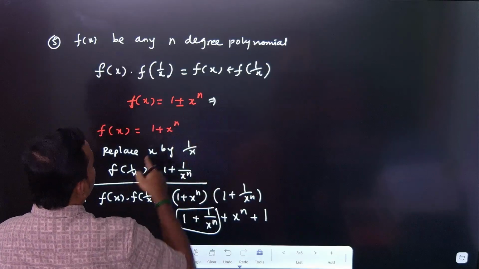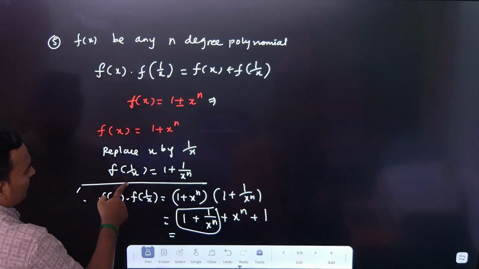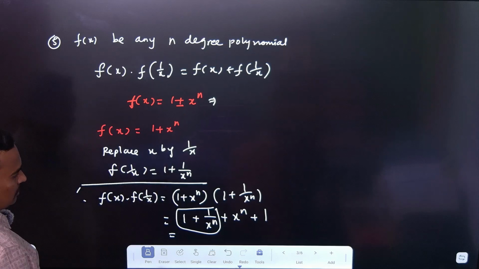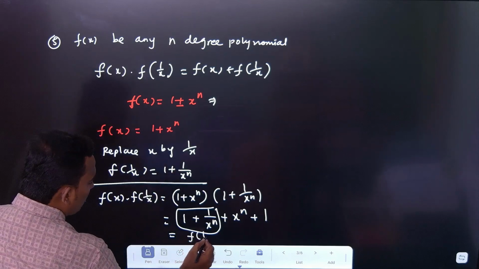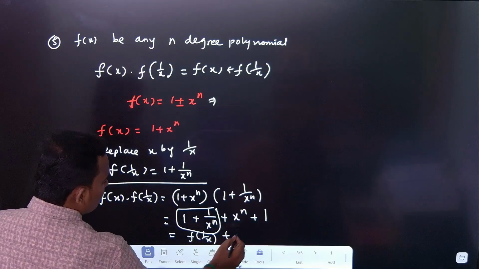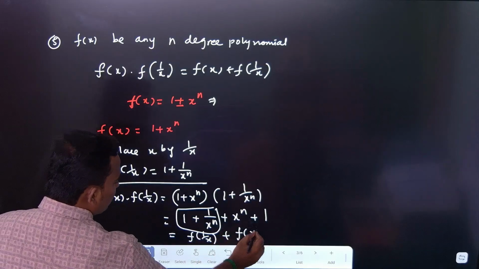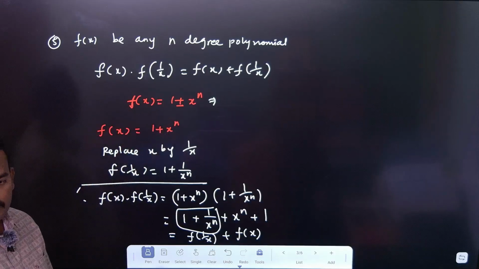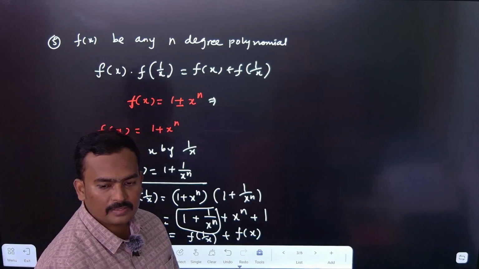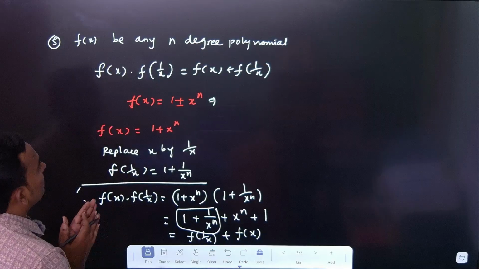Just you replace here f of 1 by x, how to write? 1 plus 1 by x power n we can write, this is f of 1 by x, this is plus f of x we can write. X power n plus 1 will be f of x. I hope everyone understands, right? Okay, this is the suitable function.